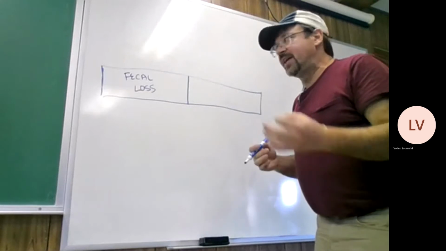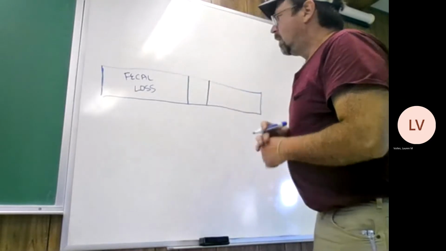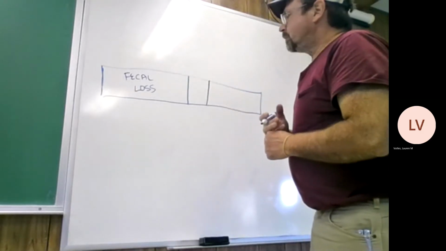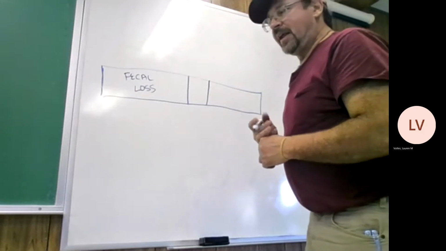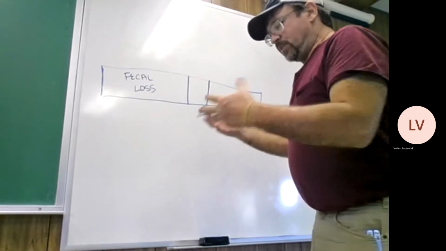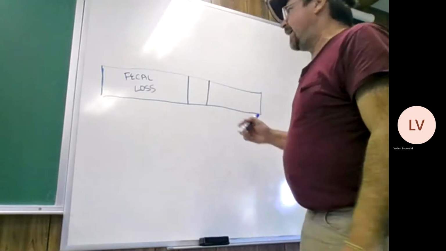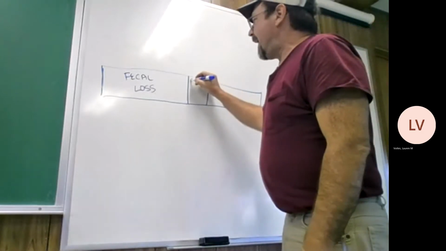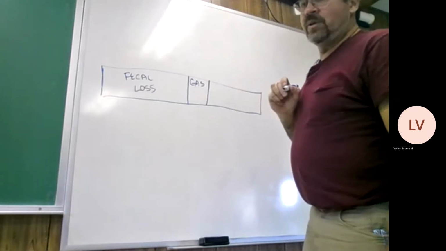Now, some of that stuff that's digested is not available to the cow. It is released through digestion, but goes in different directions and the cow can't get any of it. So we're looking at gas loss. Is that readable to you?